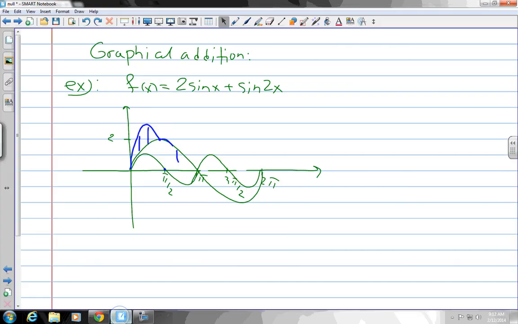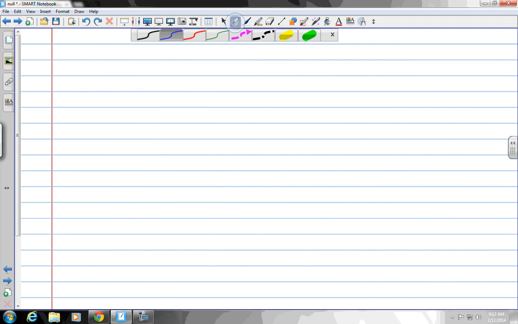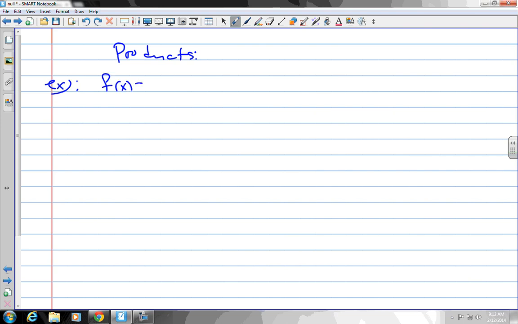That's different. So that's when you add. Now the products sometimes become important. So let's say, I'm just going to give you an example of what we mean. Let's say f of x equals, well, I'm just going to do an example out of the book.